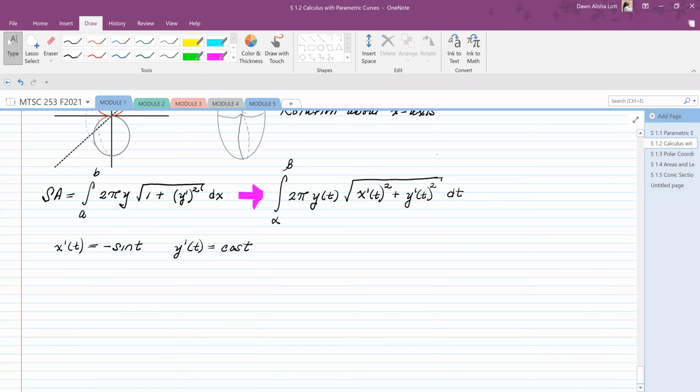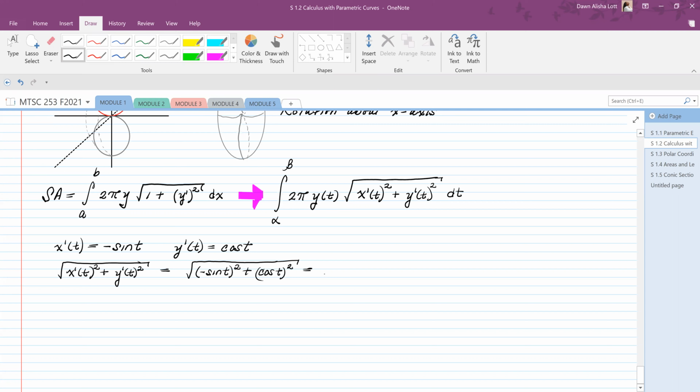So the square root of x prime of t squared plus y prime of t squared is the square root of minus sine t squared plus positive cosine t squared.